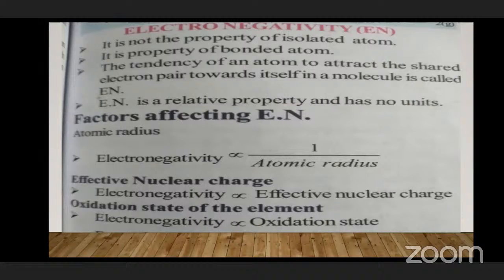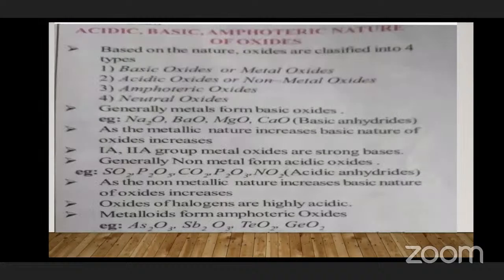And next one, acidic, basic, amphoteric nature of oxides. So the nature of oxides also we have in this lesson. Based on the nature, oxides are classified into 4 types. One is basic oxides or metal oxides, second acidic oxides or non-metal oxides, third is amphoteric oxides, the fourth is neutral oxides.